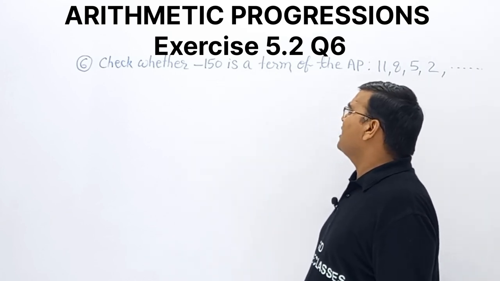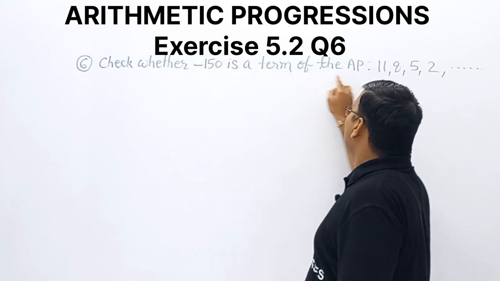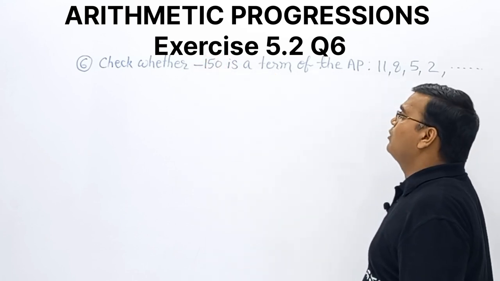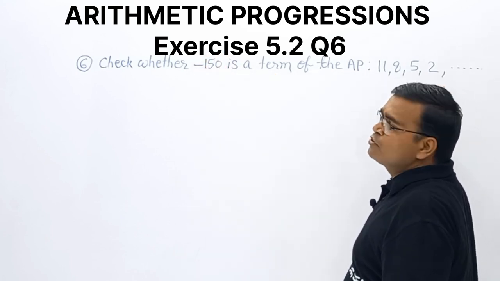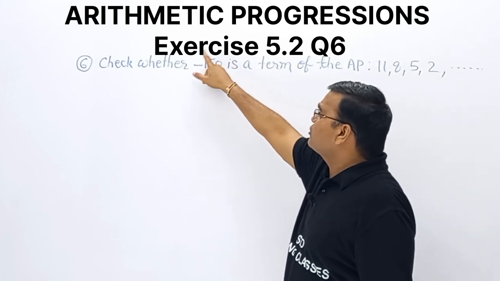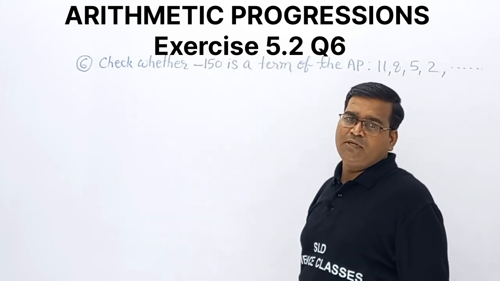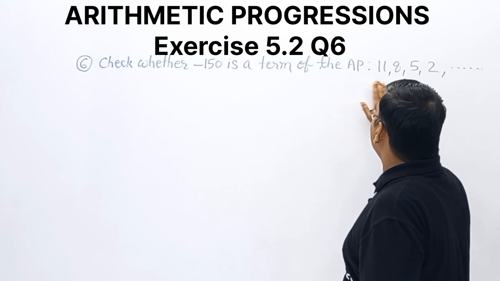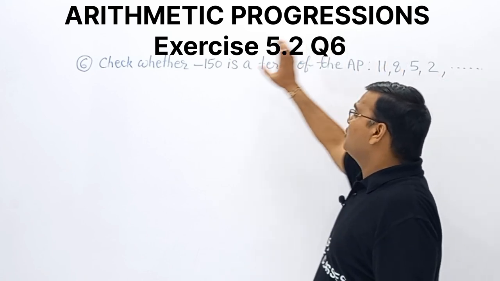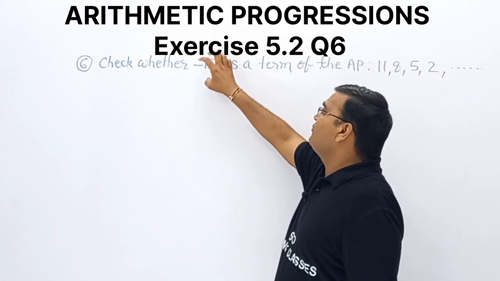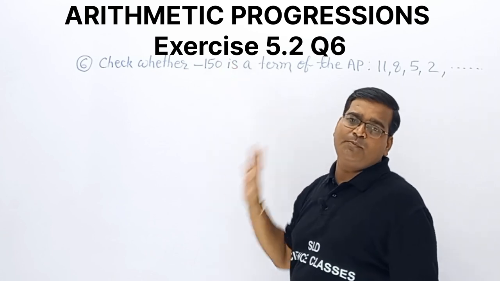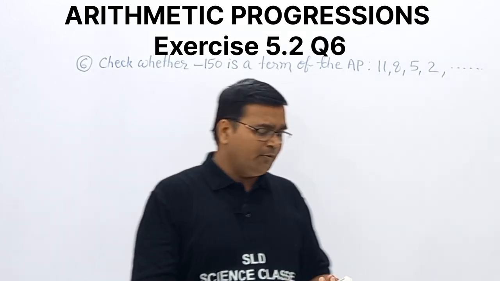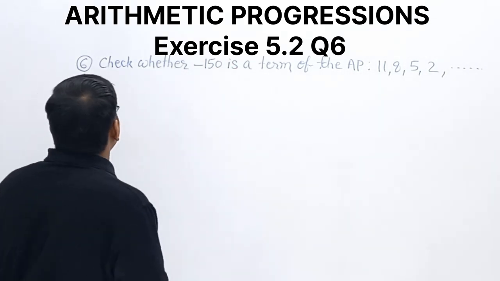So how will we check whether this is a term of this AP or not? We will assume this is the nth term. We are having one AP, and we are assuming its nth term is minus 150. Observe carefully.